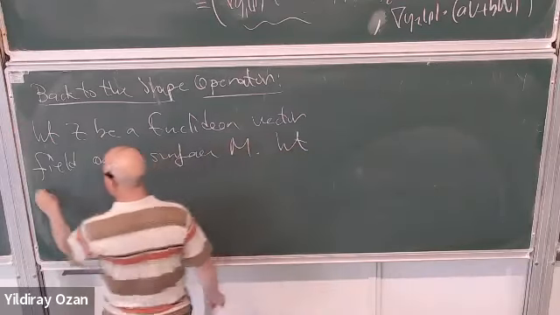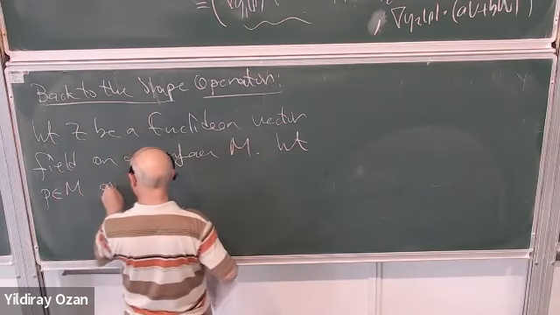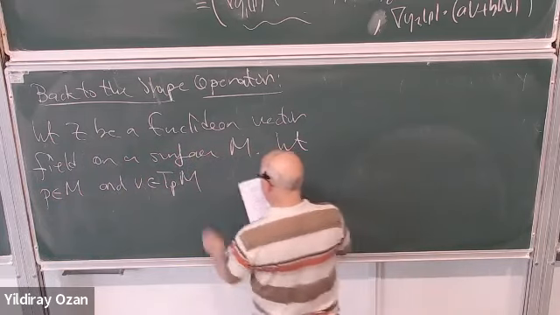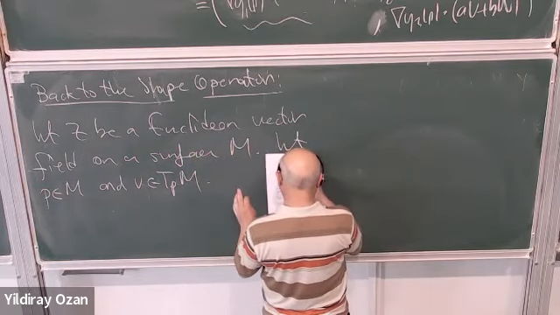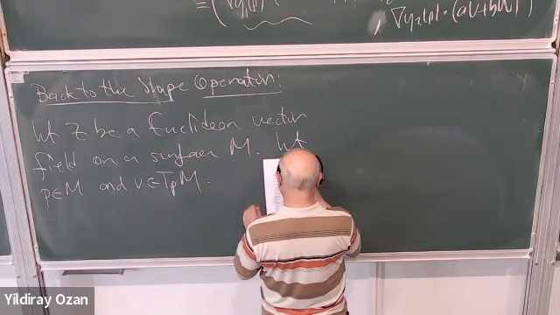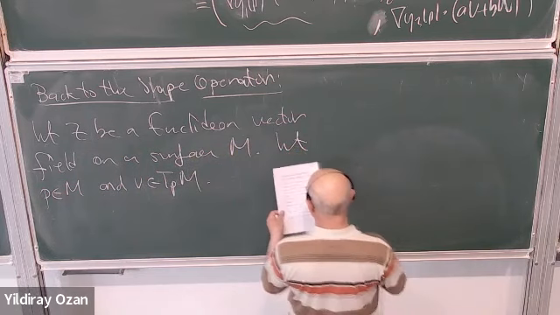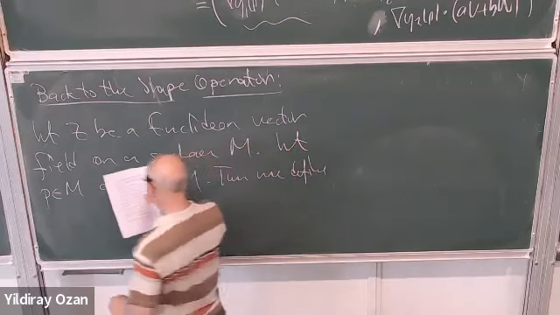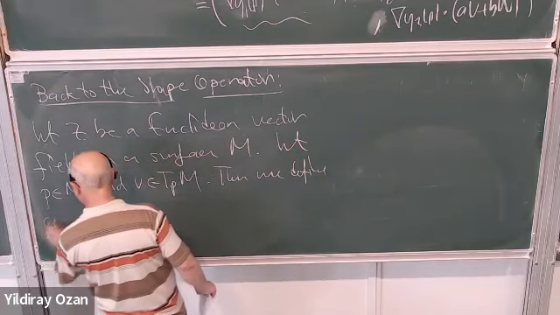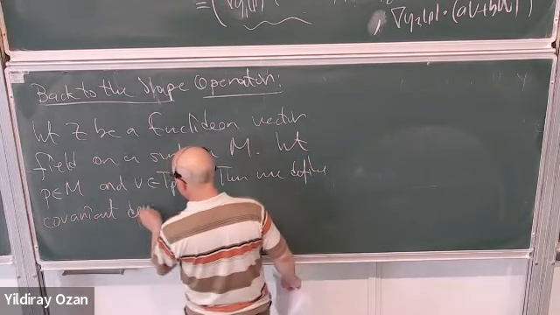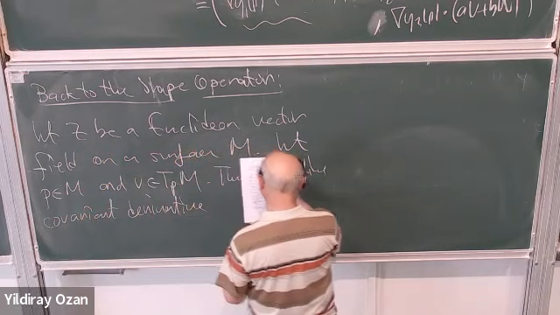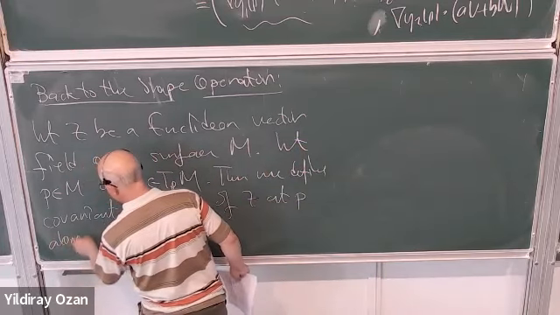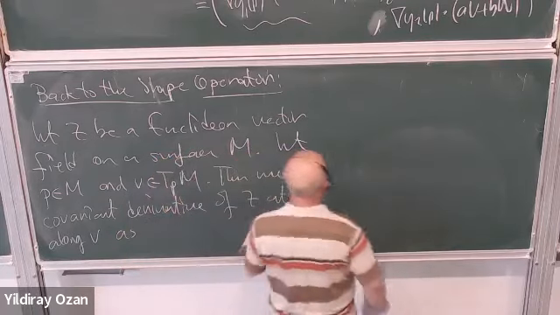Let P be a point in M and V a tangent vector to M at the point P. Then we define the covariant derivative of Z at P along V as this expression.